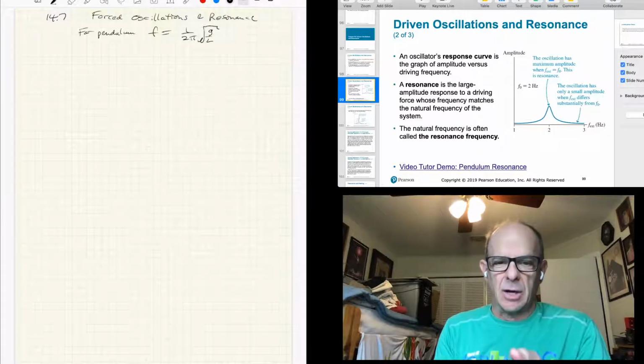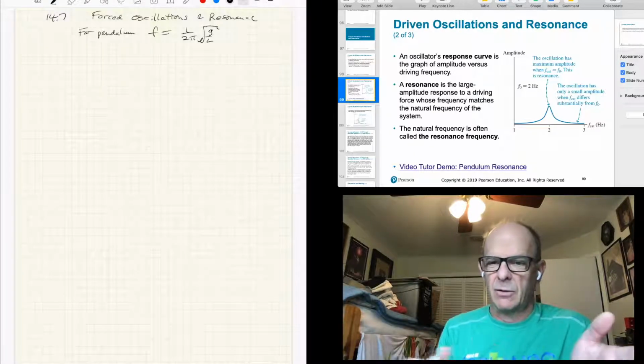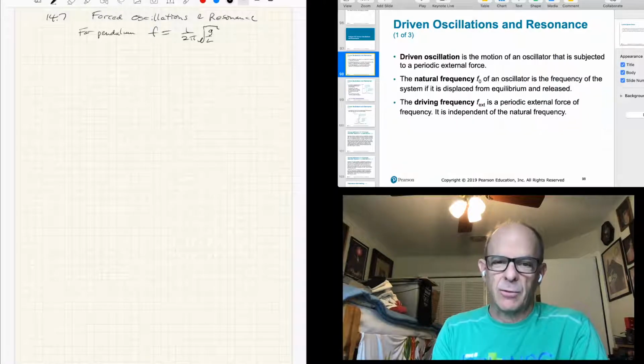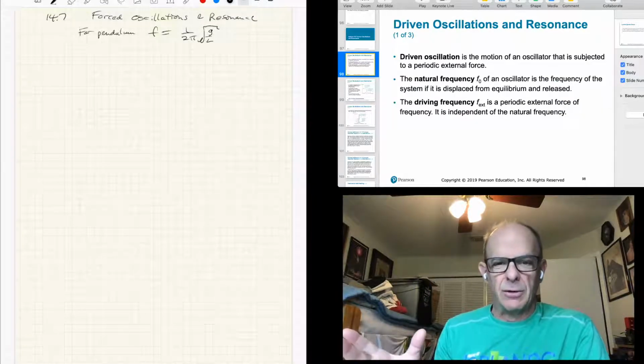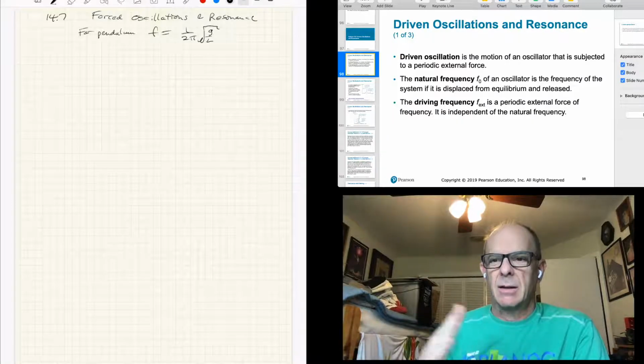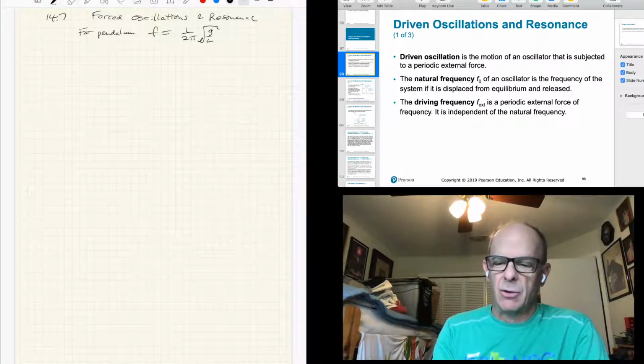It means matching of the natural frequency of a system, the frequency that it wants to oscillate at, to some external forcing frequency called the driving frequency or the external frequency f_ext, shown here on the slide. If those two frequencies match, then the amplitude of the motion can grow.